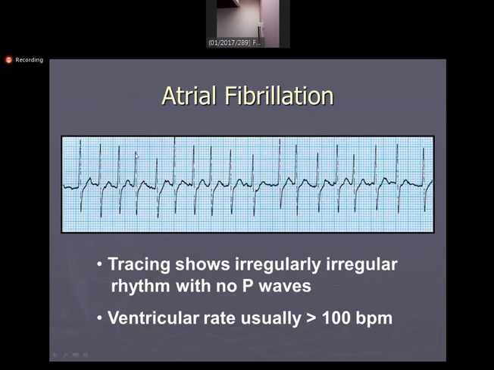So will you see an irregular ventricular contraction? Here you can see a different RR distance, here and here. Every RR interval is different. So it is atrial fibrillation.